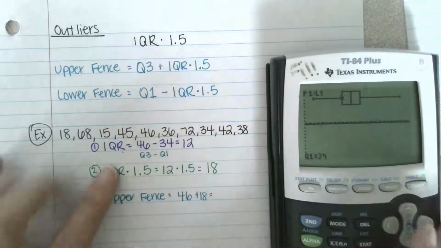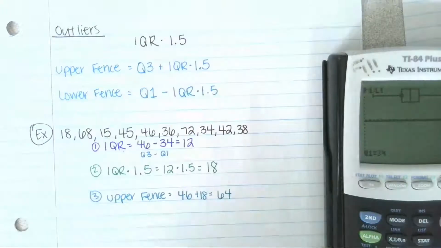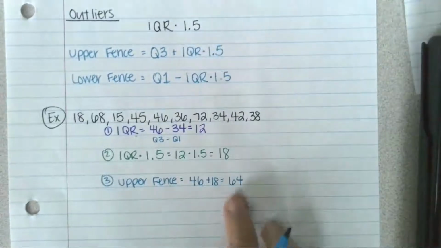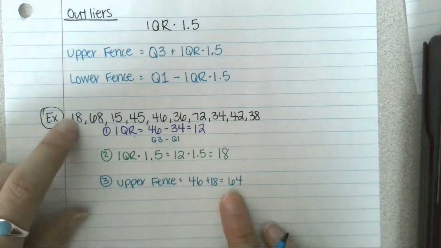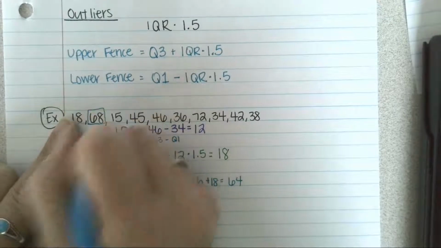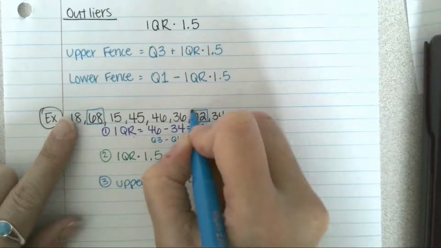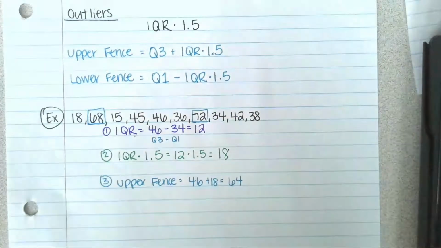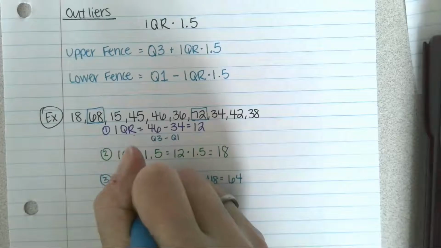So my upper boundary is 64. Any values I have that are above 64 are considered outliers. So if I go through, I can see that 68 is bigger and 72. So those are outliers.